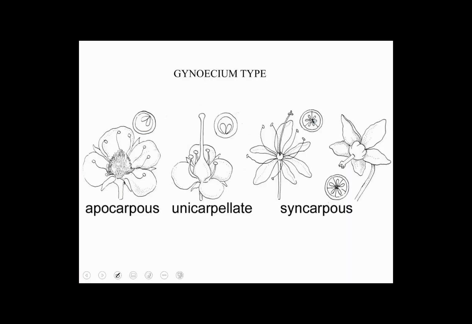So what we're going to learn about is what's called gynoecium type. And we're going to discover that there are three gynoecium types. And they're apocarpous, syncarpous, and unicarpellate. You'll notice that they all have carp in their name. And that's because there's something called the carpel.